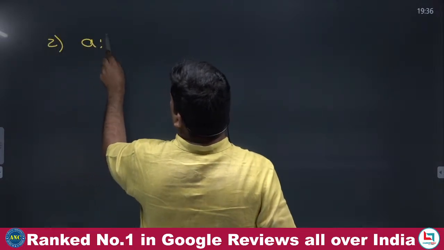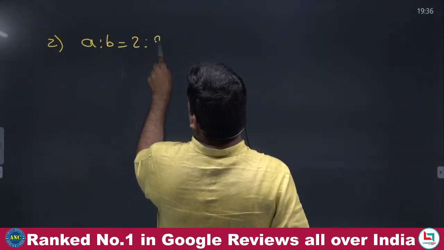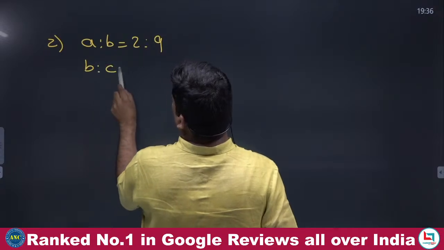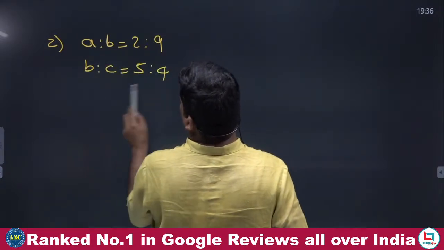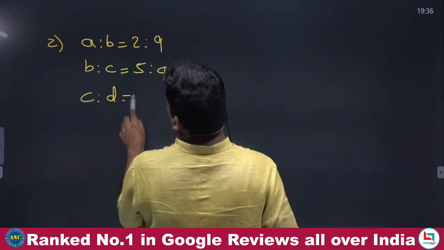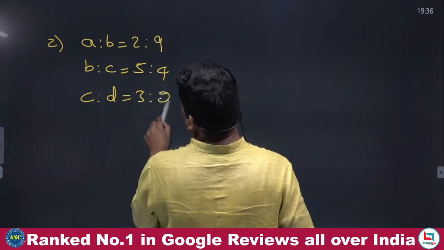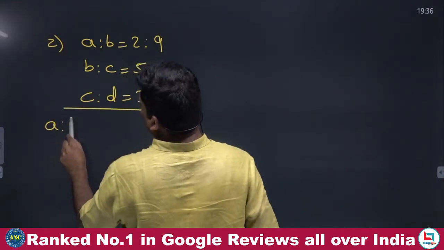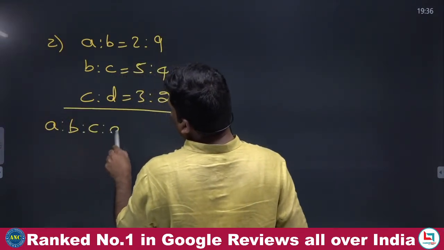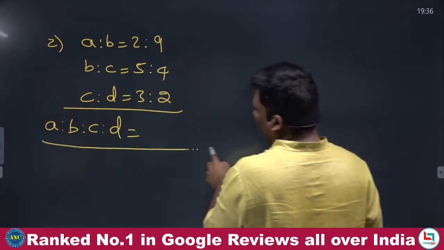Second example, A is to B, 2 is to 9. B is to C, 5 is to 4. C is to D, 3 is to 2. A is to B is to C is to D. You can avoid the calculation by doing this.